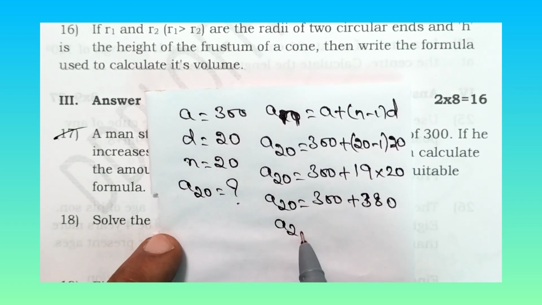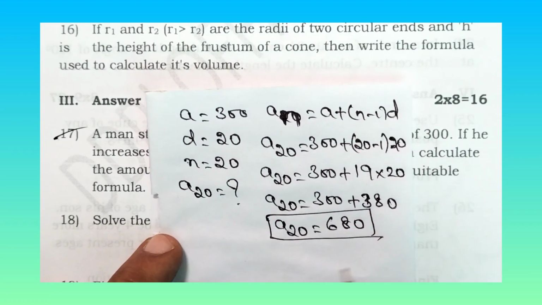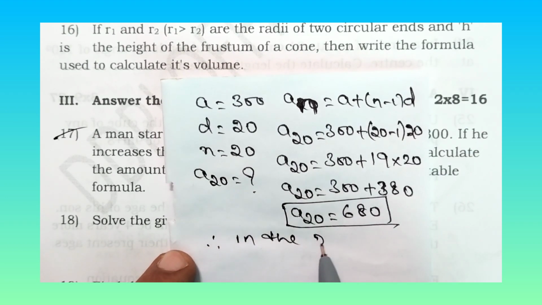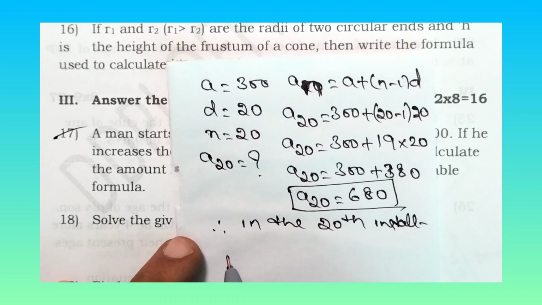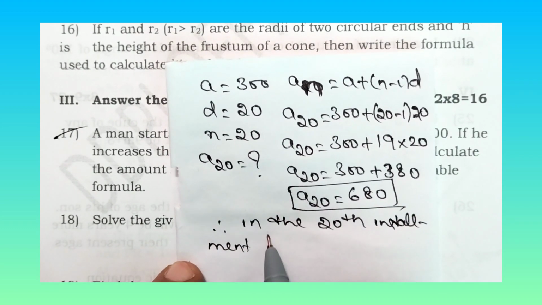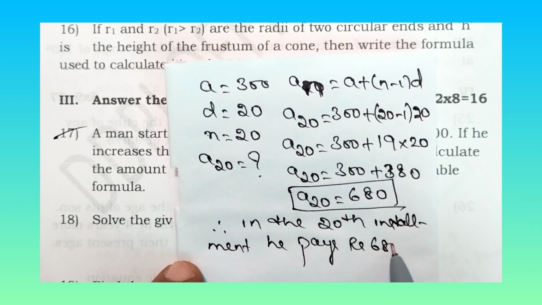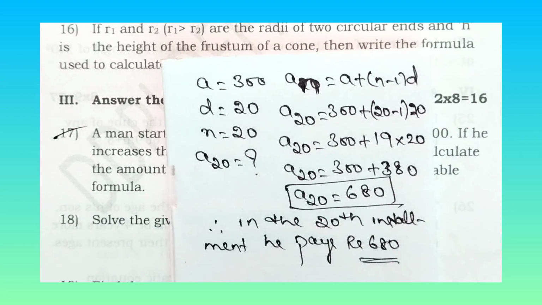So A20 is equal to 300 plus 380 is equal to 680. Therefore, in the 20th installment, he pays rupees 680. So like this we have to answer this question.